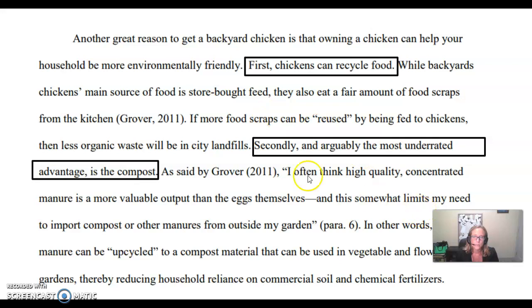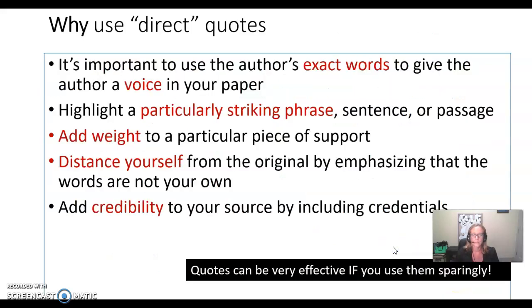But it's important that you make those connections for your reader. Don't assume that your reader is going to connect the dots in your argument. If you have a cause-effect chain of reasoning argument, make sure you explain each step in the chain of reasoning. Okay, so again, feel free to pause this and take a look at this more specifically.